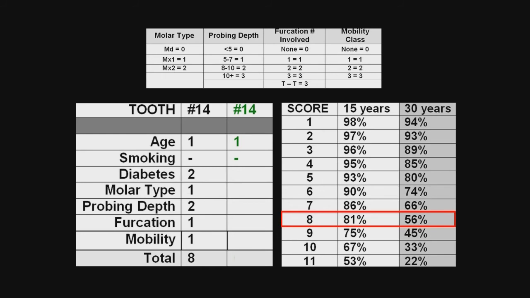Smoking is negative. We do an A1C, and it comes back about a 6.2, so he's better off than we thought. The molar type is a 1.